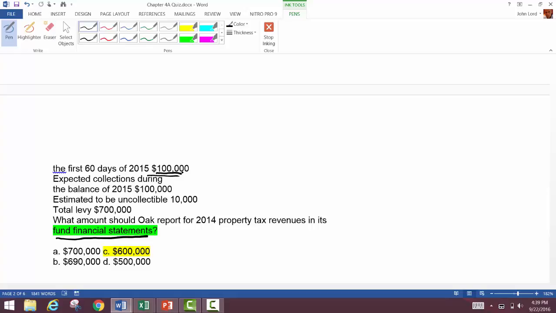So for that sort of weird category of fees like that, we go ahead and treat it like an exchange, but we don't call it an exchange revenue. It's just fees, and it's when the amounts are collected. So it's a non-exchange, but not really. It's kind of an exchange. So just treat it like an exchange, which means the service has been provided, which means the license was given, the person paid for the license.